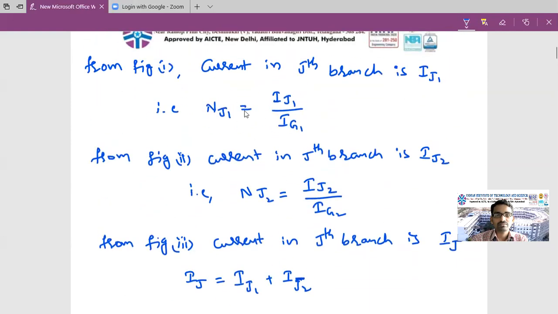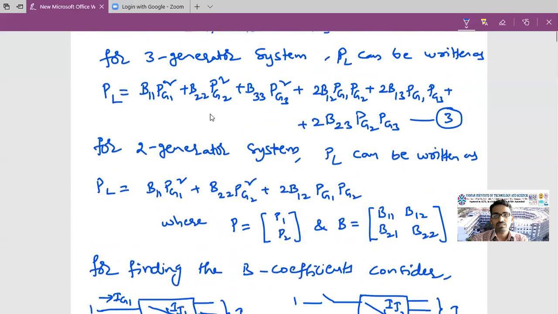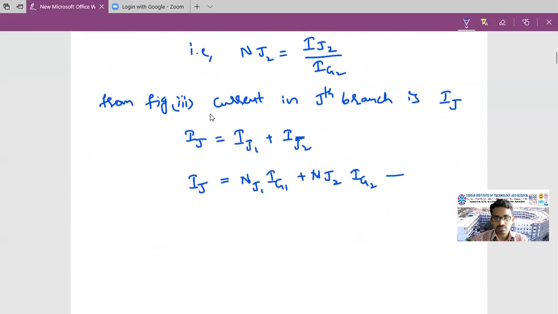From the above equations, Ij1 is nothing but Ig1 into Nj1, so Ij is equal to Nj1 Ig1, and Ij2 is nothing but Nj2 Ig2. We have considered equation 3, so let us consider this as equation 4.